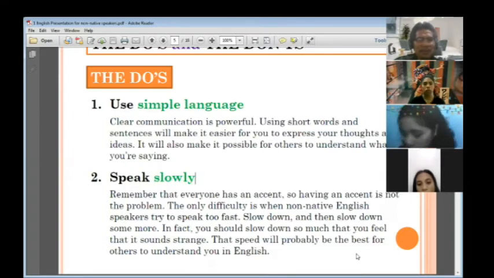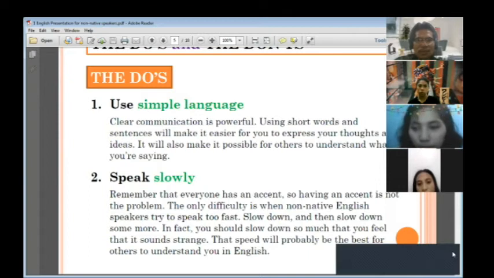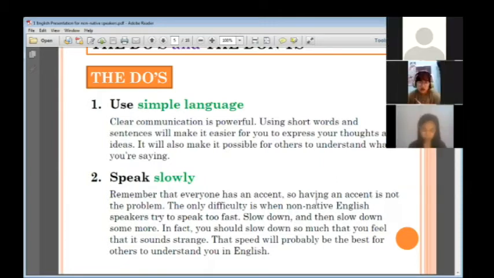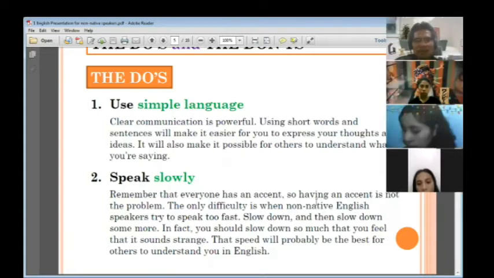Sometimes when Della is speaking in front of the audience, I know that Della is from Nusa Tenggara, so Della's accent is different from the others, such as Lisa Lestari, who is probably from Java.